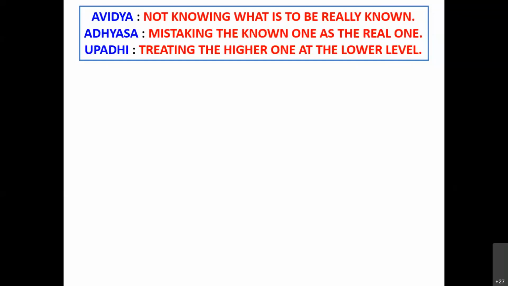Let the aspirants read the Sri Suktam. At the end, whatever is told by the Rishi, let them fulfill those conditions. Lakshmi is already there at their home. Instead of understanding that, they attribute Lakshmi as money, gold coins, more and more of 2000 rupee notes. That is what they think. This is called upadhi, means treating the higher one at the lower level.